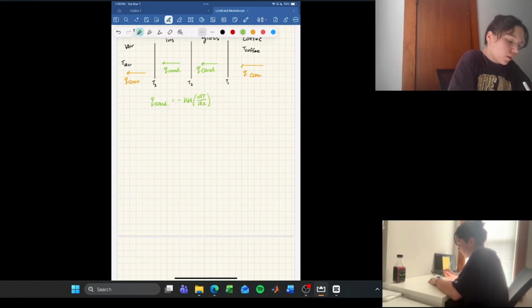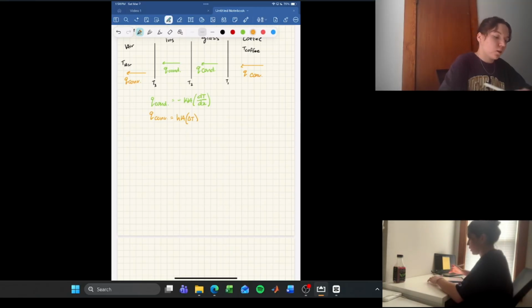And then this was evaluated for the length of the glass, and then again for the length of the insulator. And then for convection, that is the heat transfer coefficient times the cross-sectional area times the change in temperature. I'll just say delta T.